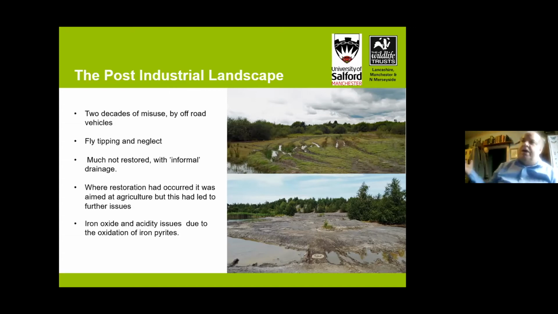So the water was going down these large ruts, taking with it the iron and the sulfuric acid from the pyrites, and taking it into the lakes and pools. And you can see that this was attracting fly tipping and lots of bad antisocial behaviour.